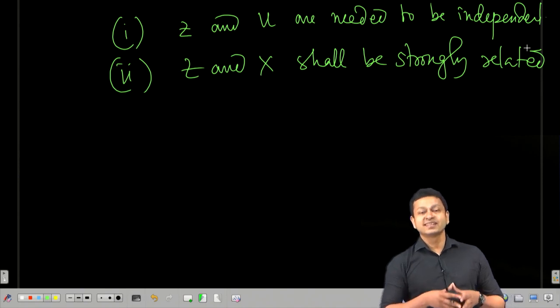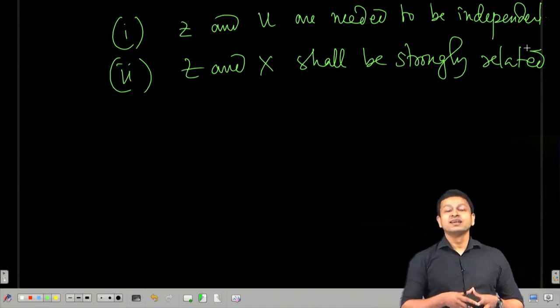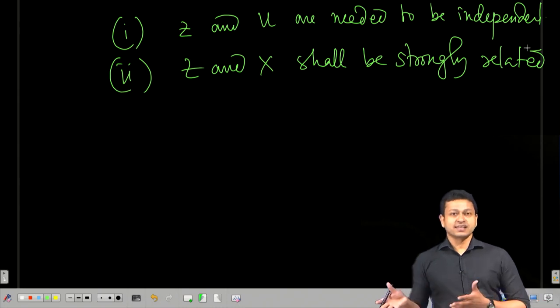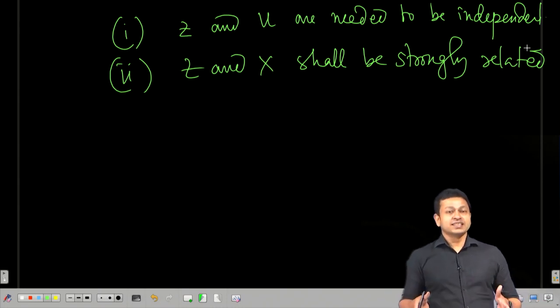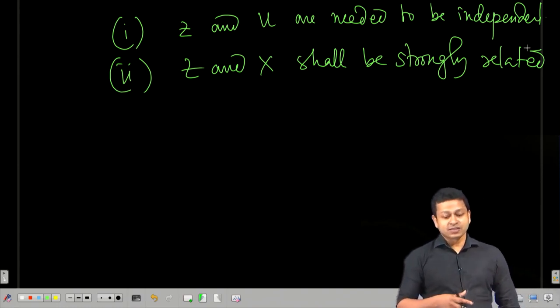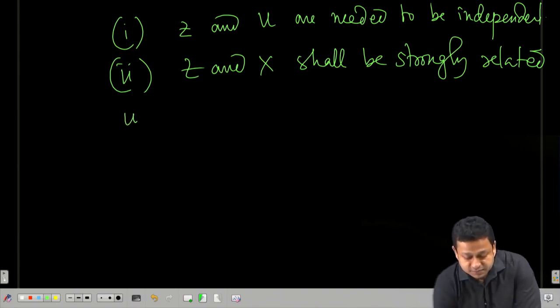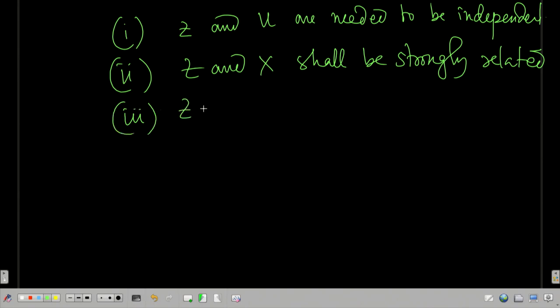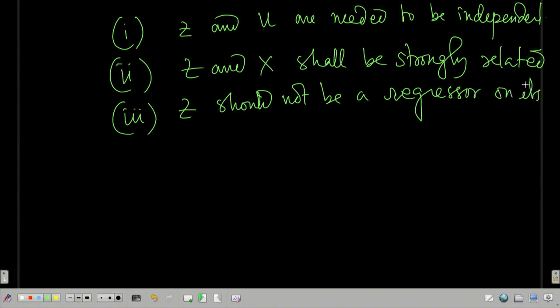So, if z itself is an explanatory variable, then I will have a simple OLS with z as a regressor, but this is an IV regression and I want to see the impact of z through x. So, that is why we write z should not be a regressor on its own right.